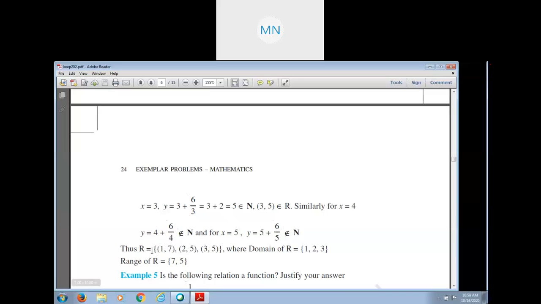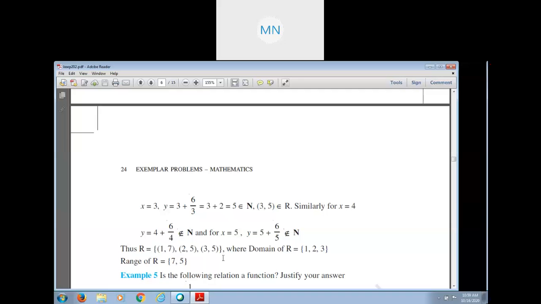For this one, the first element is 2. And for the last one, 3. So the domain is 1, 2, 3. And the range is 7 and 5.